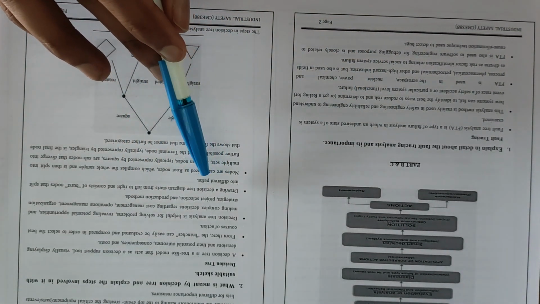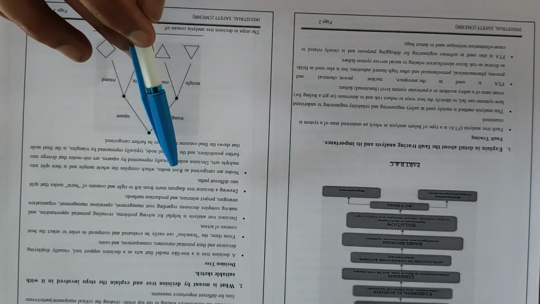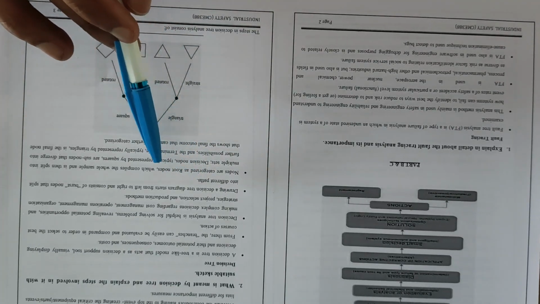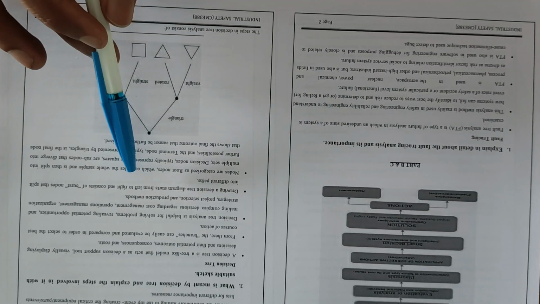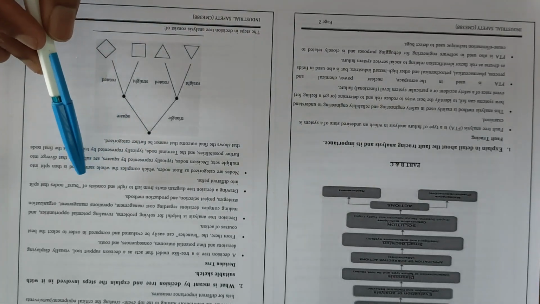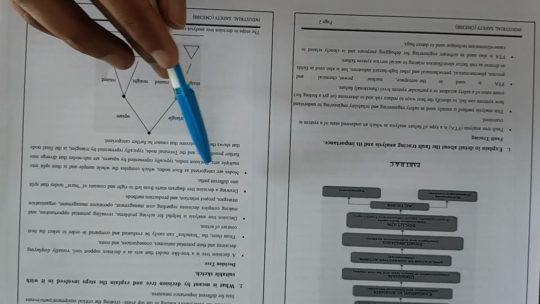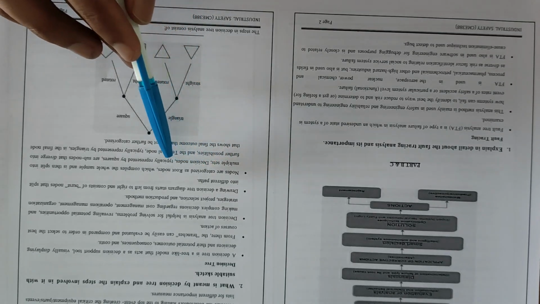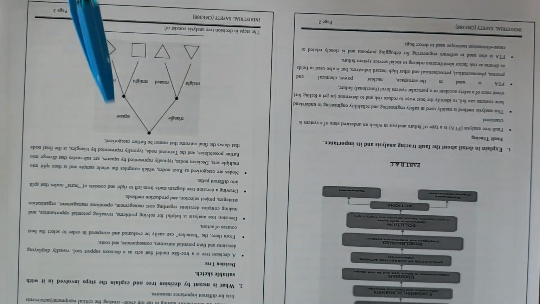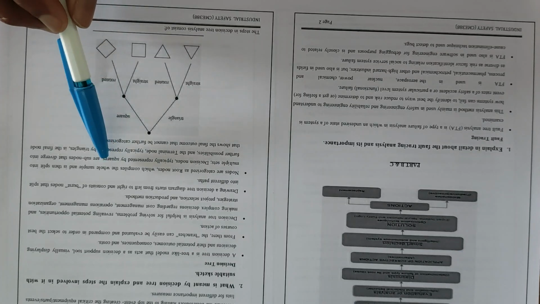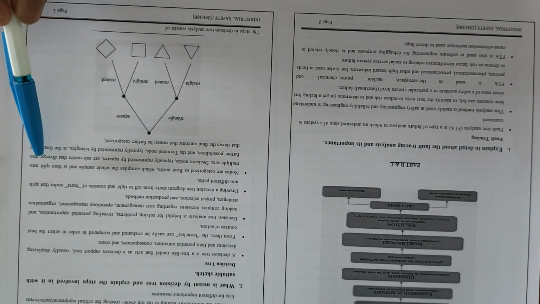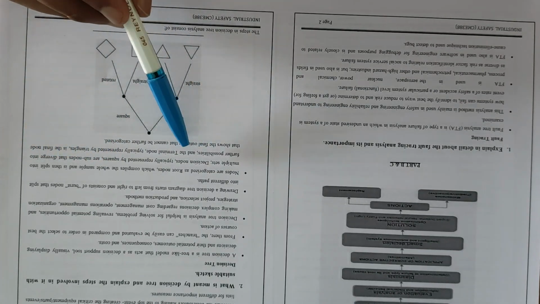Drawing a decision tree diagram. Drawing a decision tree diagram starts from left to right and consists of burst nodes that split into different paths. Nodes are categorized as root nodes, which comprise the whole sample and are then split into multiple sets.